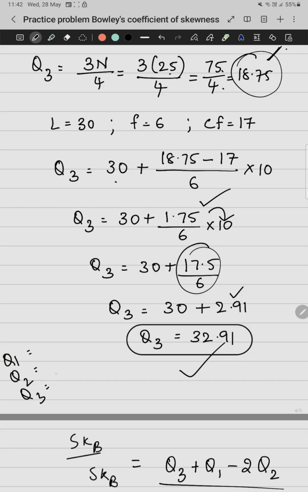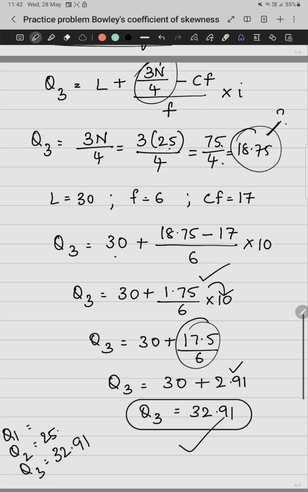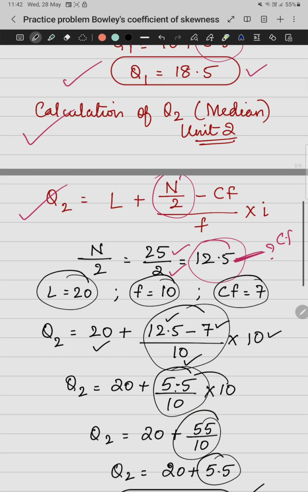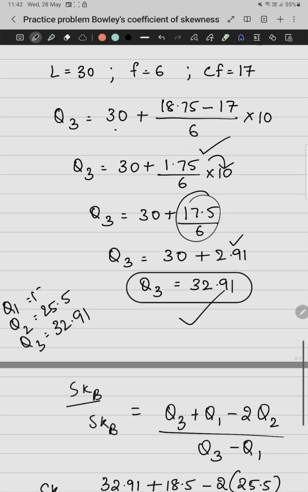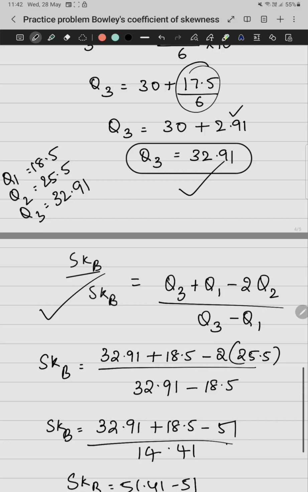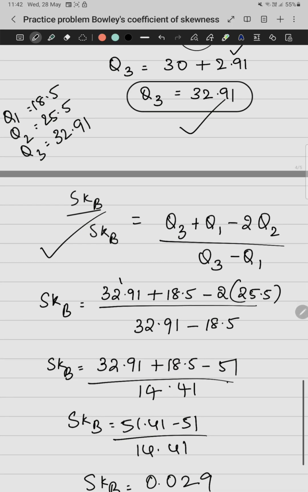Okay, so Q3 you got 32.91, then Q2 is 25.5, and Q1 is equal to 18.5. All these values we will substitute in Bowley's coefficient of skewness. So see, I have written Q3 32.91, Q1 18.5, Q2 25.5.